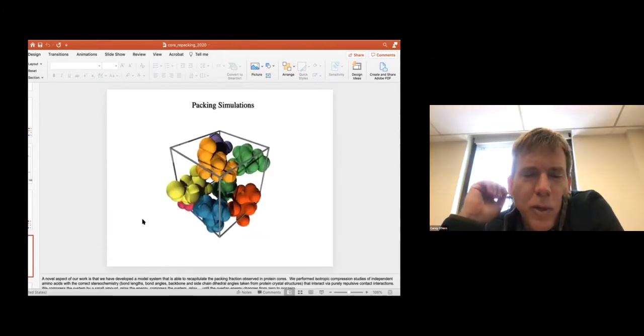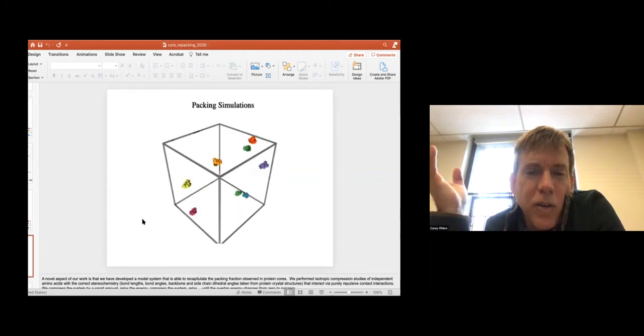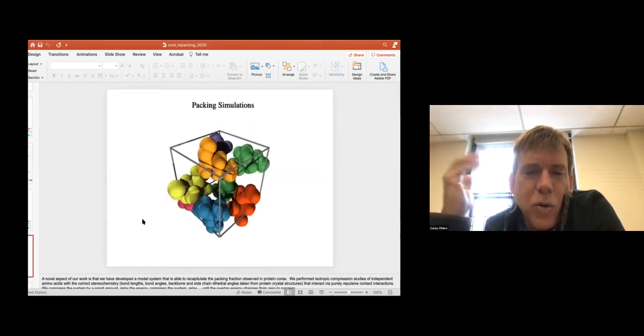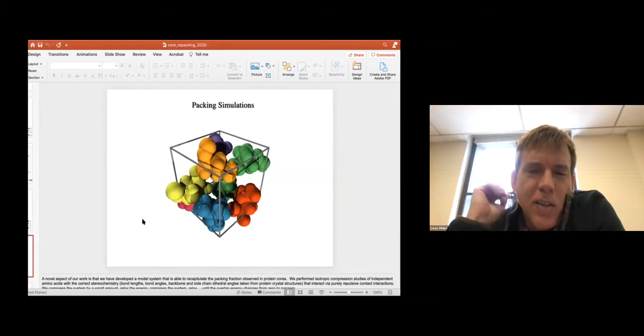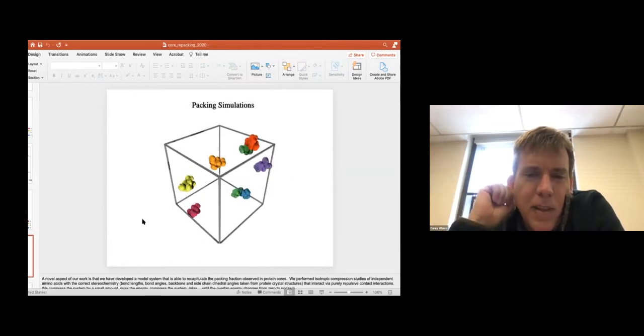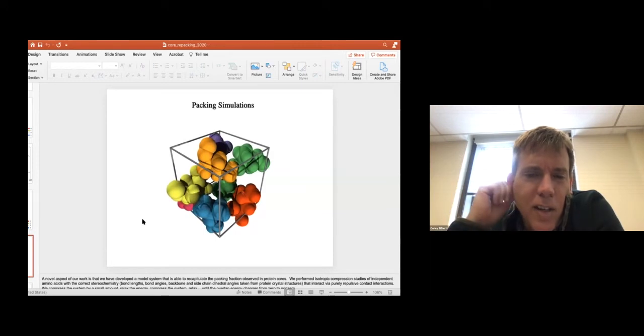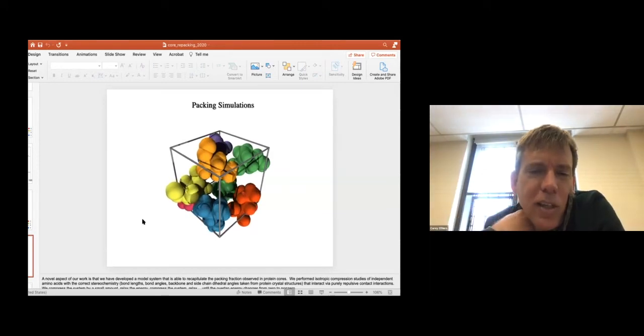So again, what we do is we randomly place residues in a box. The types of residues are those that are commonly found in cores of proteins. These particular ones are rigid shapes, so we don't let the side chain and backbone dihedral angles vary, but that's a current interesting research direction.